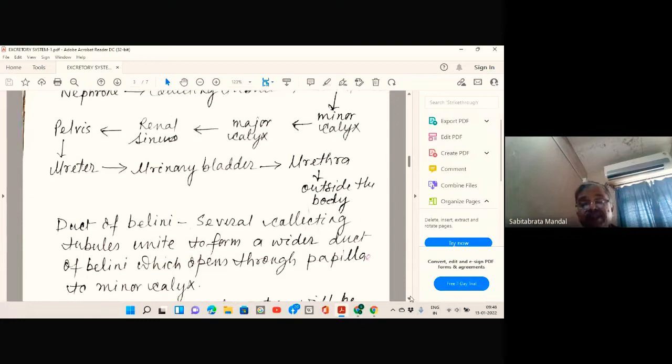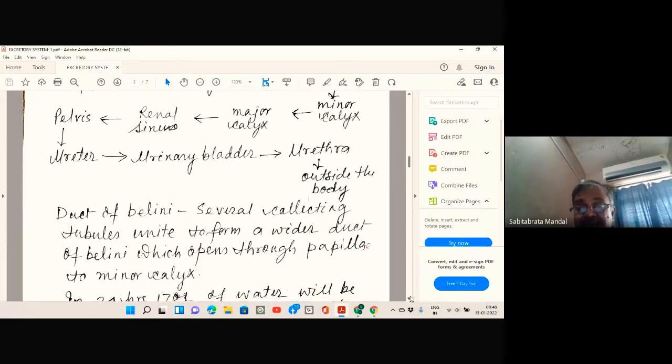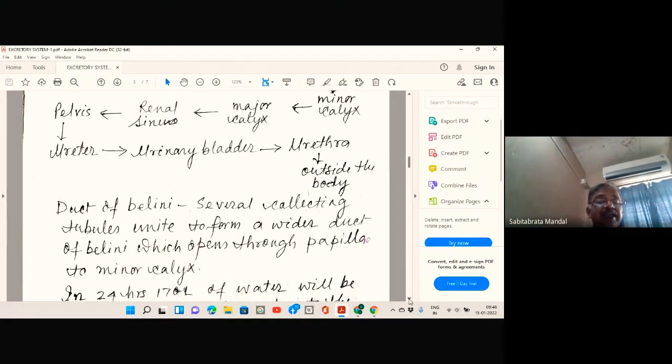Now, what do children generally ask? I have prepared my notes accordingly. So, what do you mean by duct of Bellini? Several collecting tubules unite to form a wider duct of Bellini, which opens through a papilla to the minor calyx.